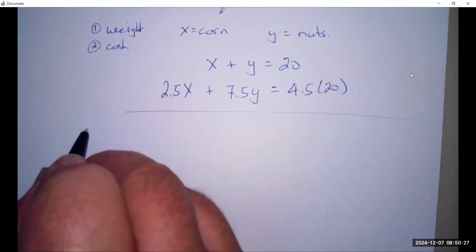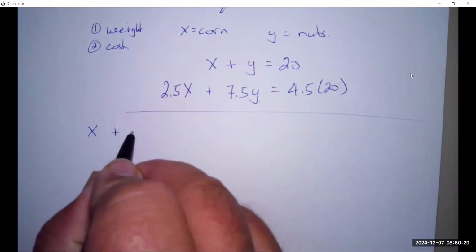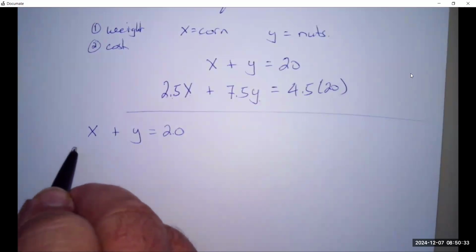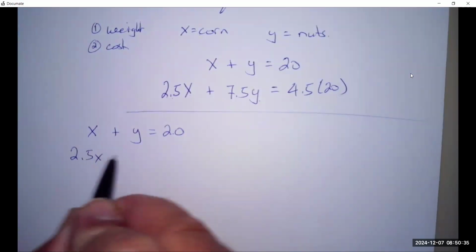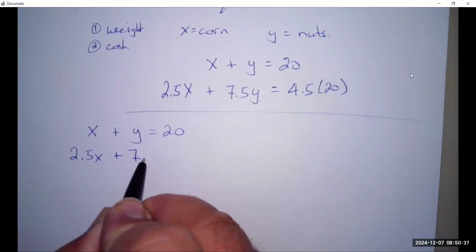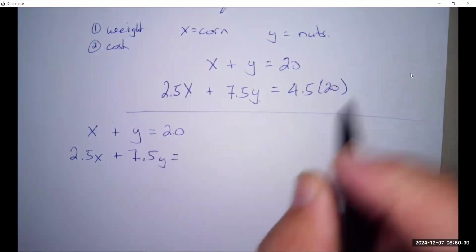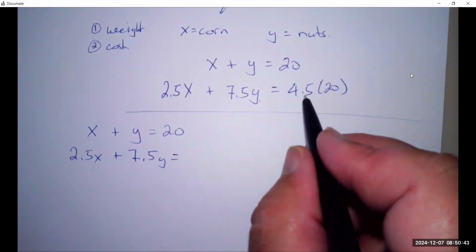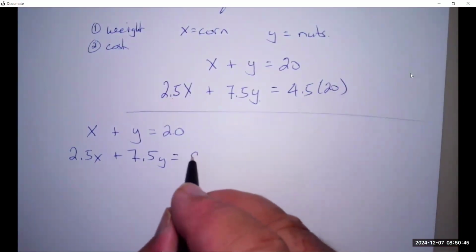So let's see what we have here. We have x plus y equals 20. 2.5x plus 7.5y equals 20 times 4.5, so 2 times 4.5 is 9, 9 times 10 is 90.